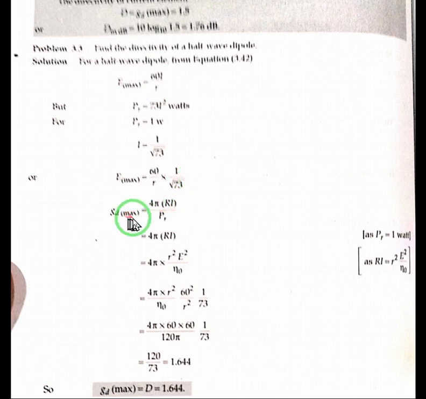We know that GT maximum is 4 pi Ri over PR, and here PR is 1 watt, so it becomes 4 pi Ri. We know that the value of Ri is R squared E squared over eta naught. That is the general equation for Ri that has been discussed many times in the last chapter.